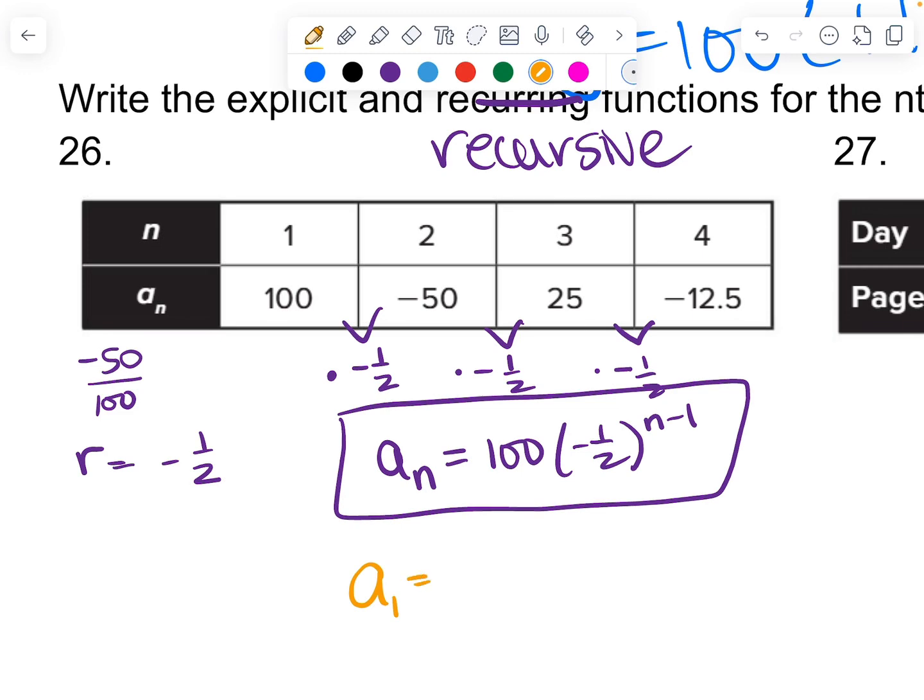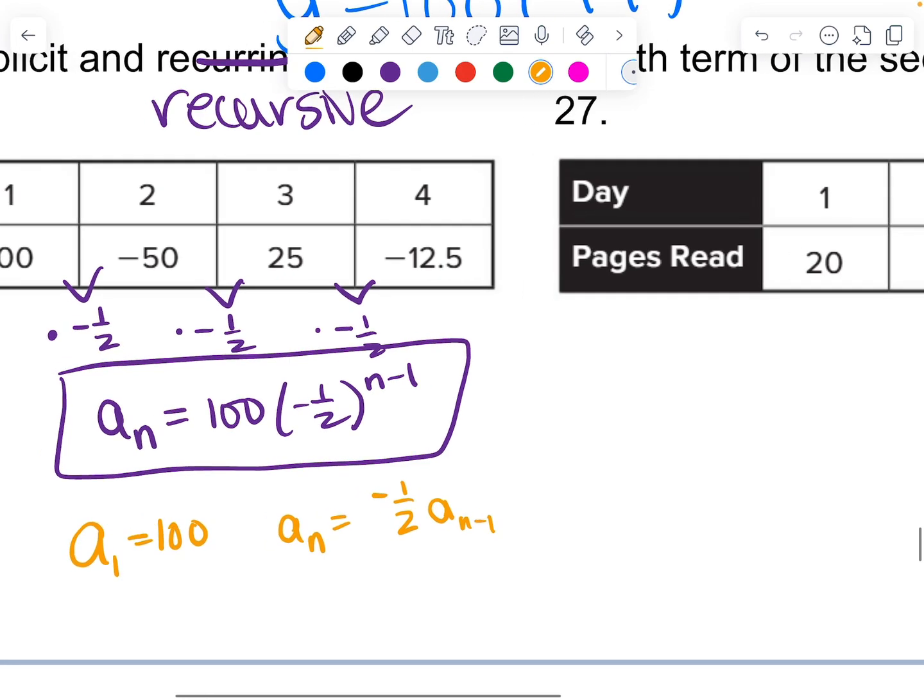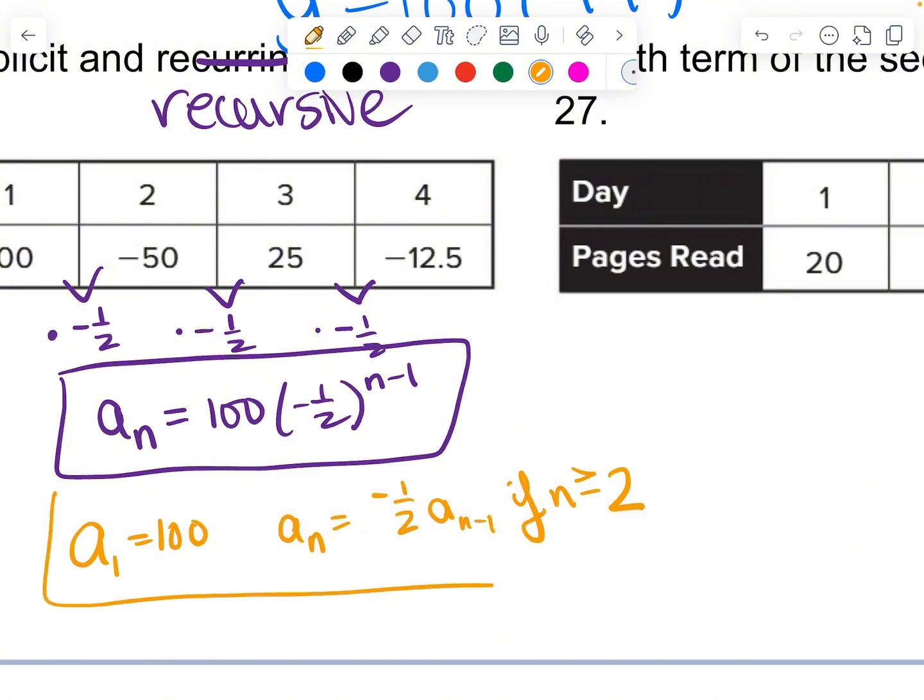A sub 1 equals 100. A sub n equals negative 1/2 times a sub n minus 1, so the previous term, if n is greater than or equal to 2. So the term has to be the second term.